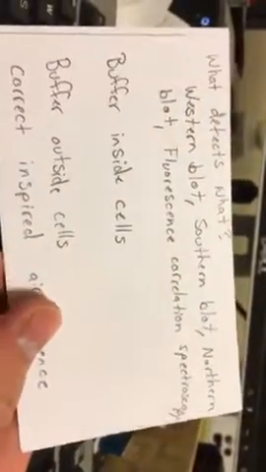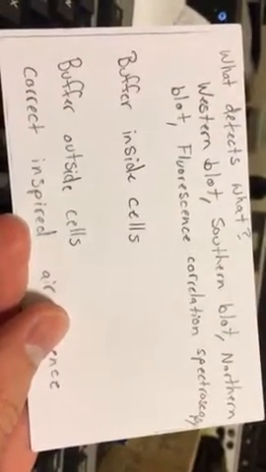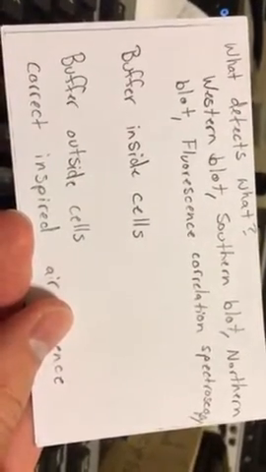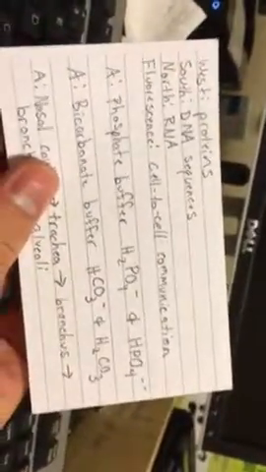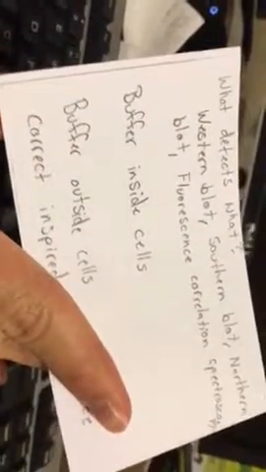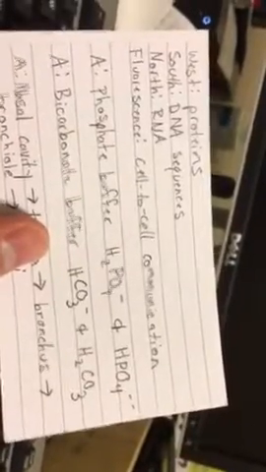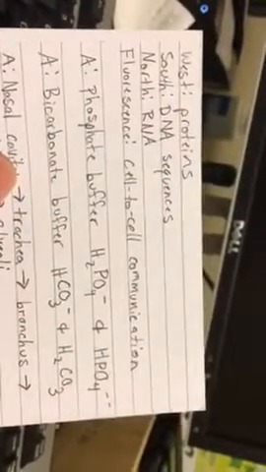What directs what? Western blot, southern blot, northern blot, fluorescence correlation spectroscopy. Let's see. Well, if you have a western blot, it detects proteins. How about a southern blot? That will detect DNA sequences. And you got your northern blot. What does that detect? That detects RNA.